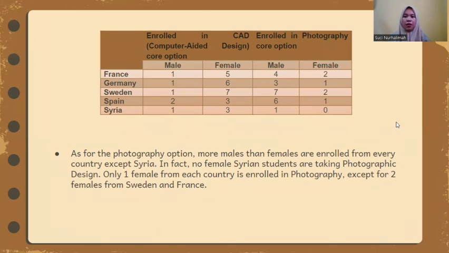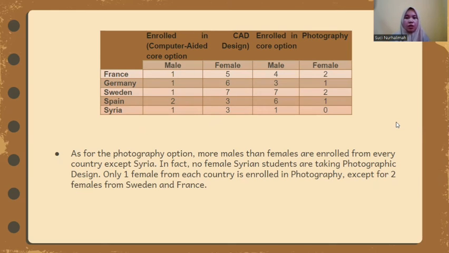Now we change the bar chart into a table. Students from all five countries are enrolled in CAD, but more females are taking this option than males, 24 and 6 participants.